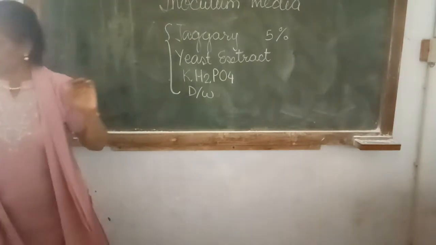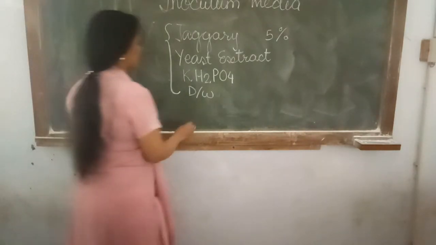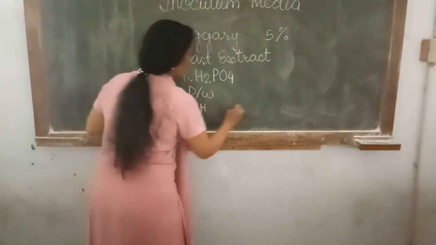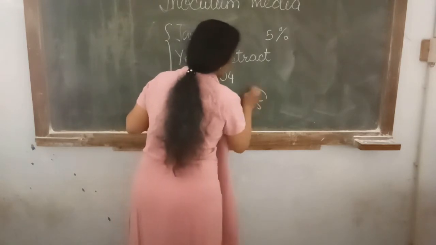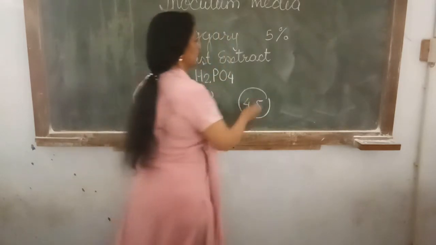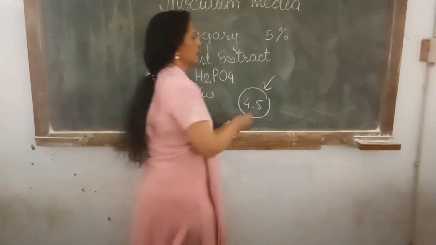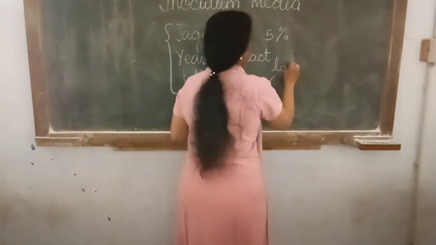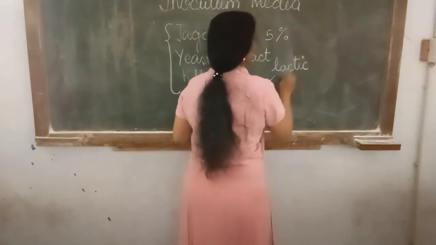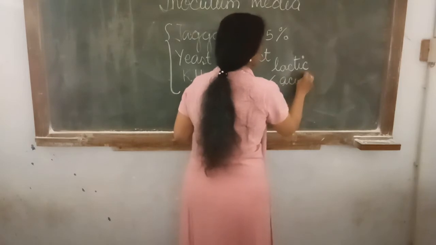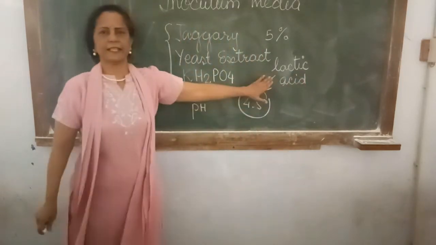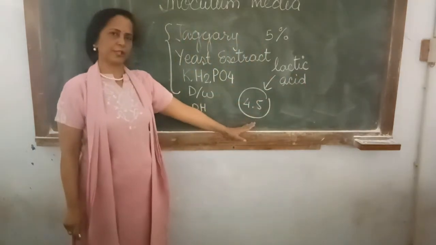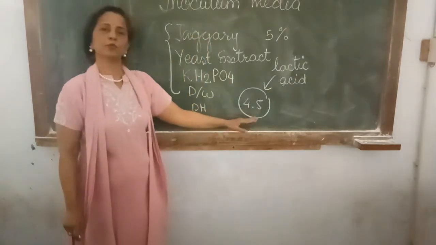The pH of this inoculum medium is usually 4.5, which is on the acidic side, and this pH is adjusted by using lactic acid.